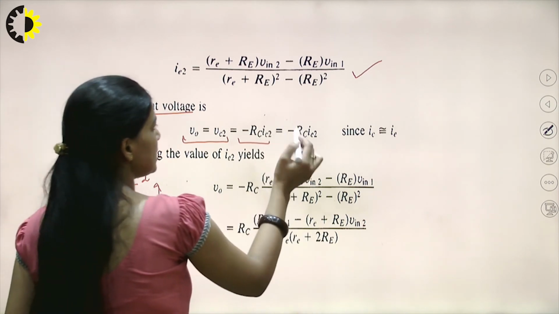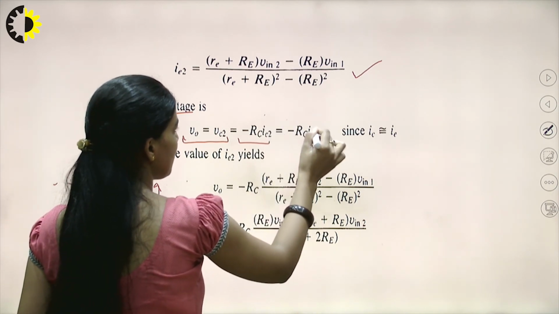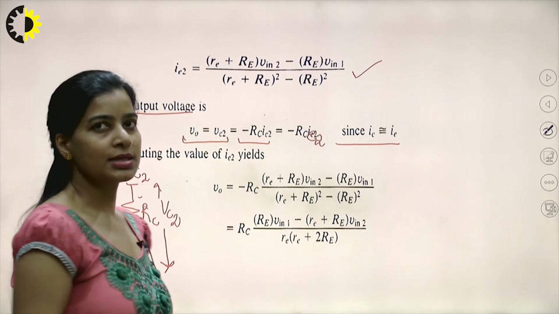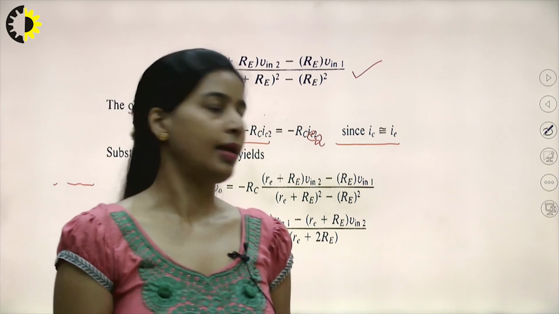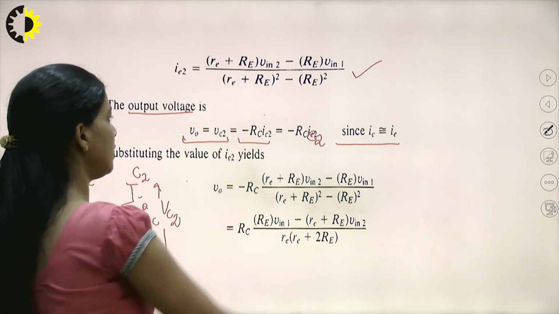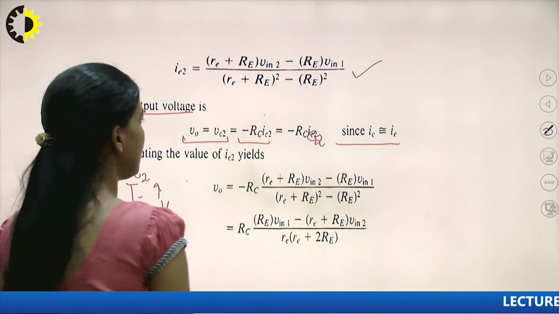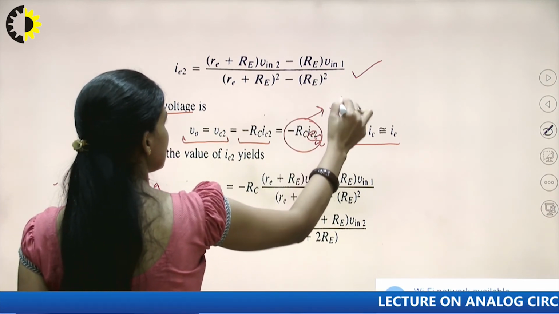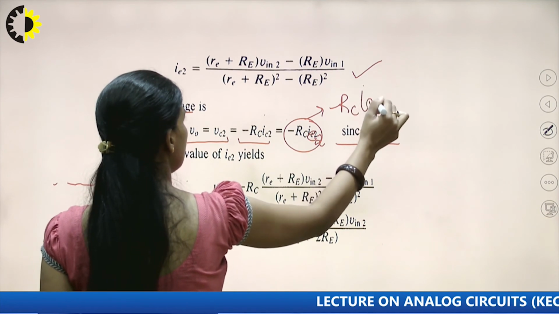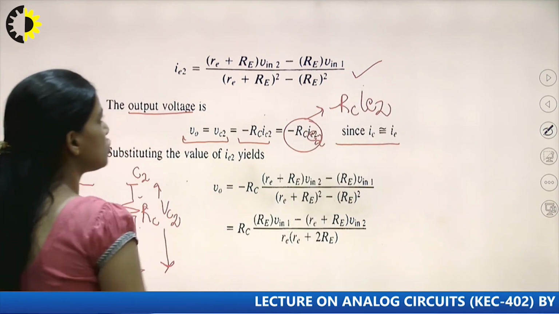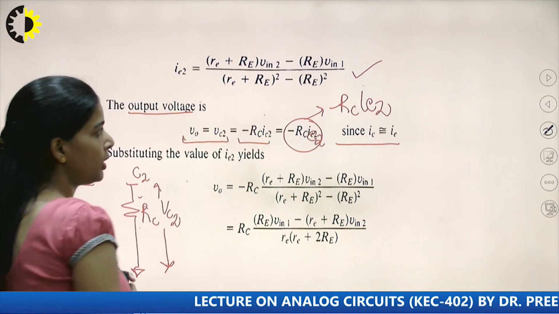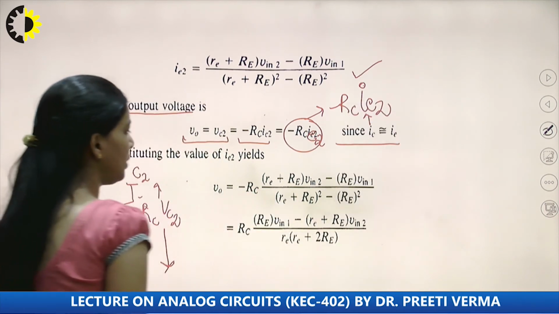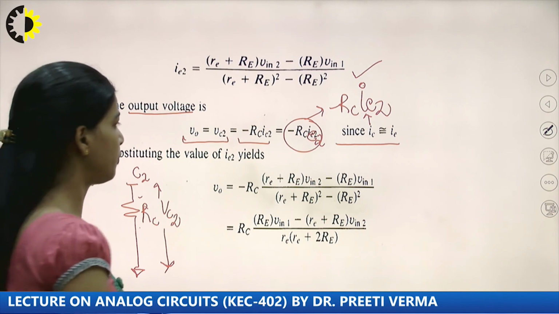This IC2 has been replaced by IE2, considering that the base current will be very small and that IC is nearly equal to IE. So we got this value as minus RC IE2, and since we already have the IE2 expression, we can put it here and simplify to get the output voltage.